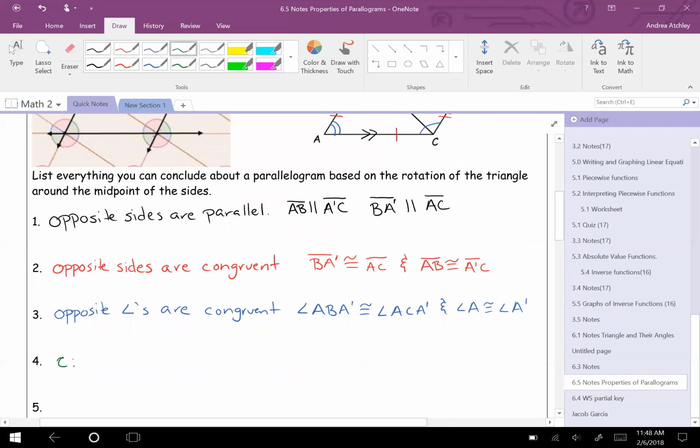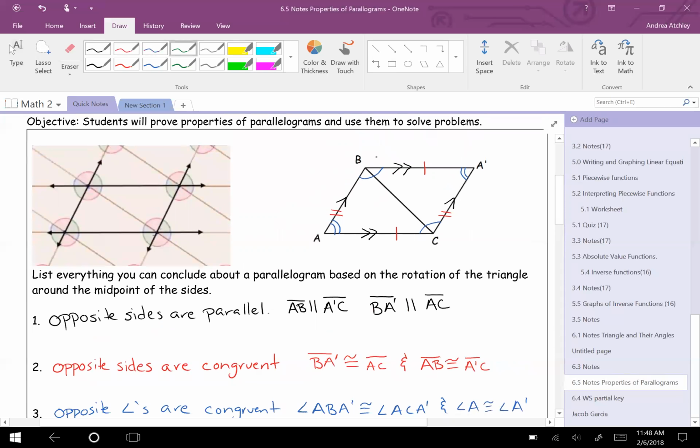The next one would be consecutive angles. Consecutive angles are, any idea? Like angle A and angle AB A prime. How would those be related?